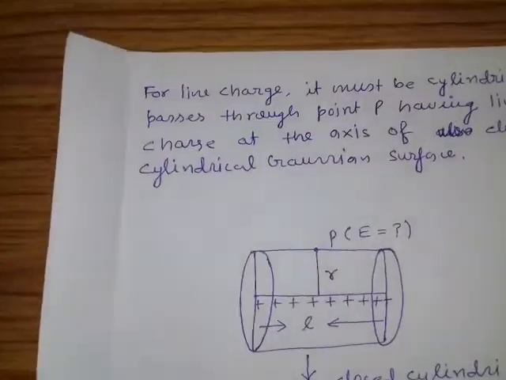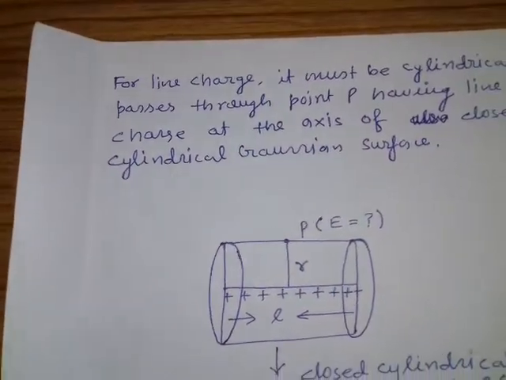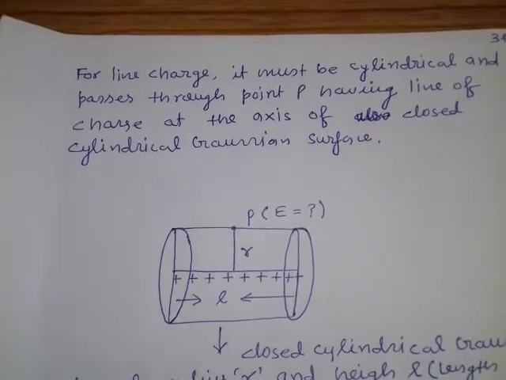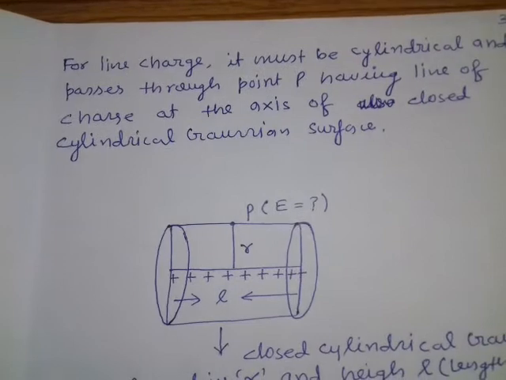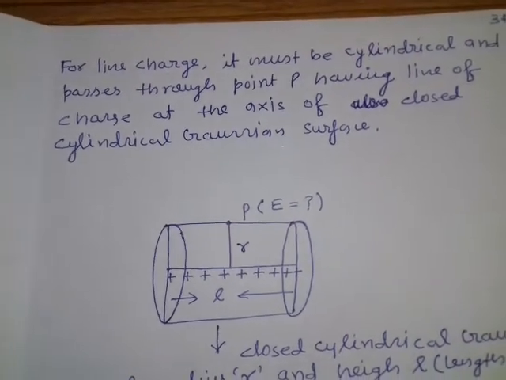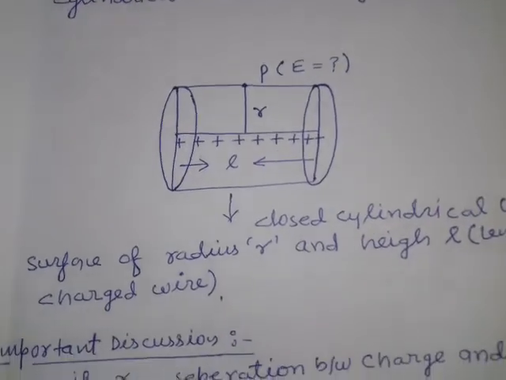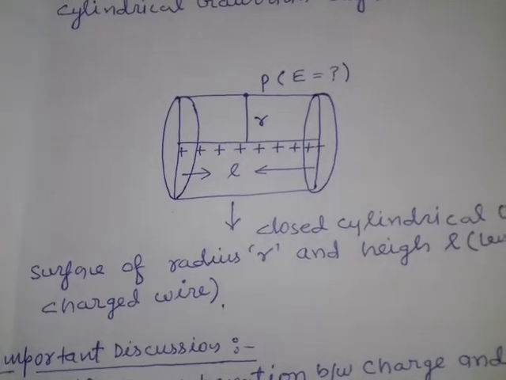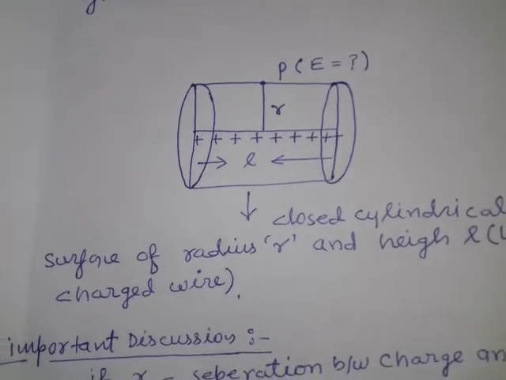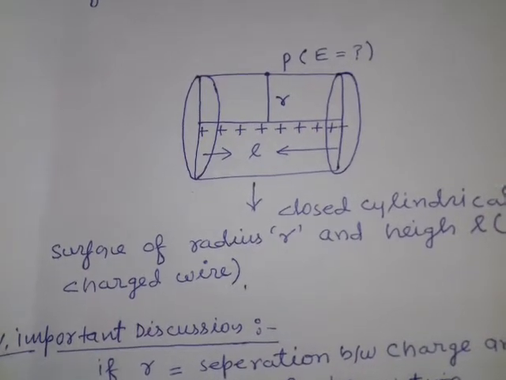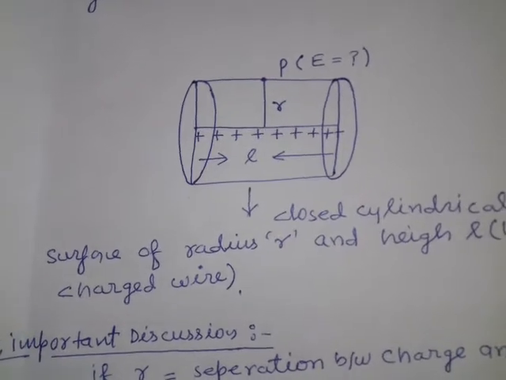Okay. Next, similarly, for line charge, it must be cylindrical and pass through the point of observation P, having the line of charge at the axis of the closed cylindrical Gaussian surface. You can see in the diagram there is a charged wire of length L, and you wish to calculate the electric field at a point P, which is at a separation small r.